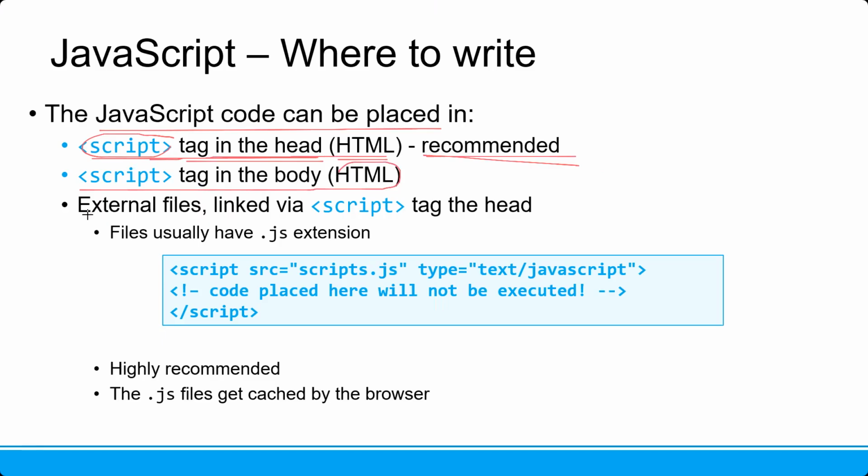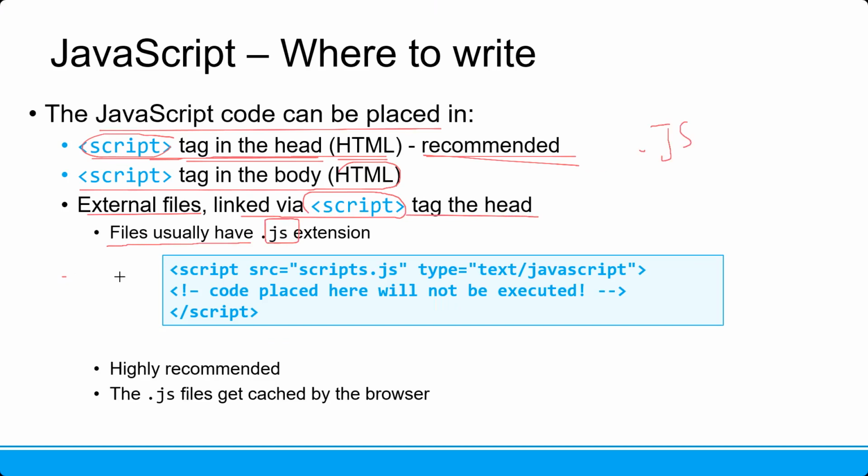Or the other thing you can use is using the external files. So the external files means you will link the files via the script, and the script is written in the head. The files usually have the extension .js.